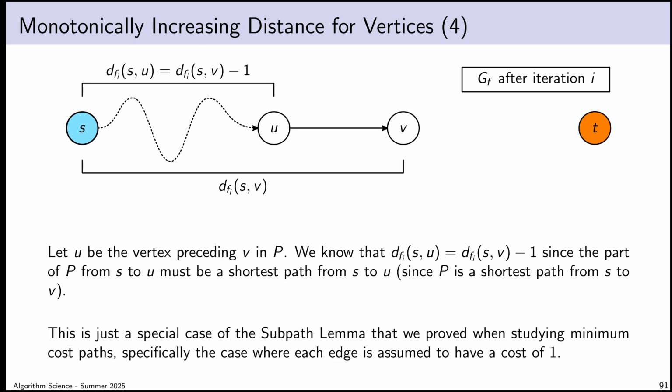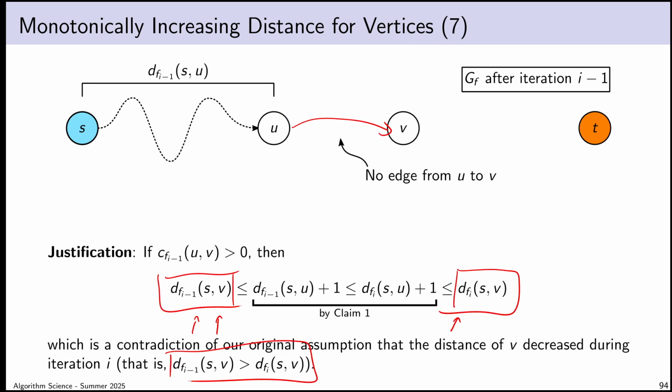Okay, so here, in the residual network at the end of iteration i, I defined vertex u to be the vertex before vertex v along some path. I think it's reasonable to conclude, therefore, that the edge uv must be a real edge in the residual network at that point. So the edge uv is not in the residual network at the end of iteration i minus 1, but it is in the residual network at the end of iteration i.